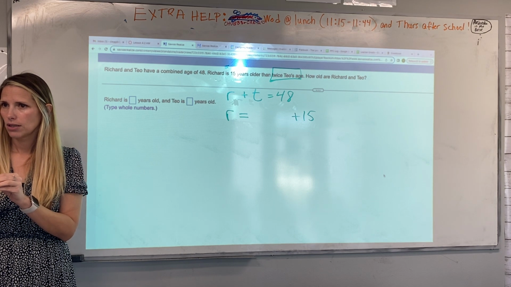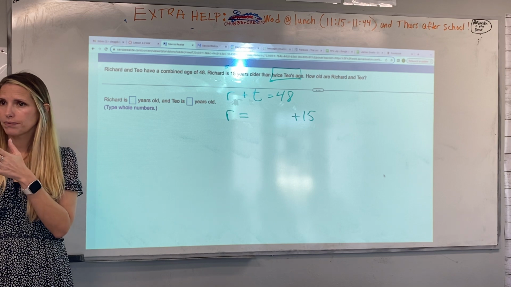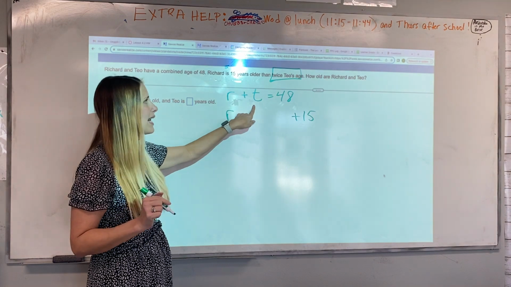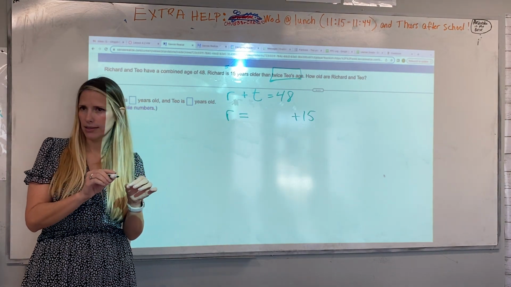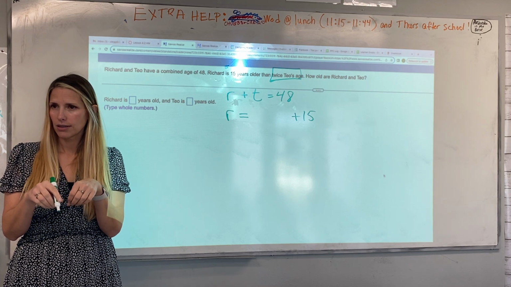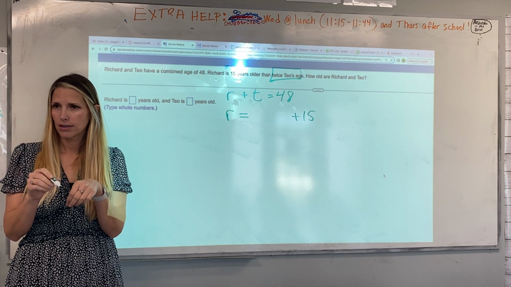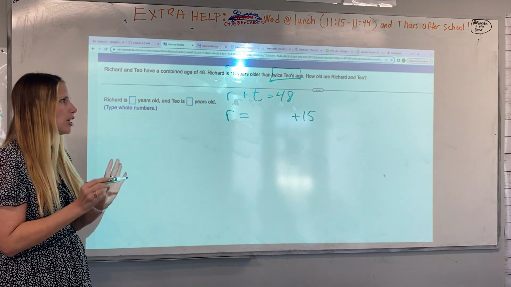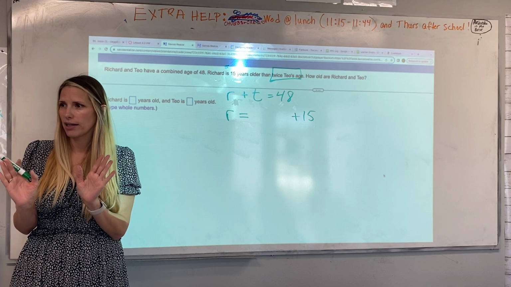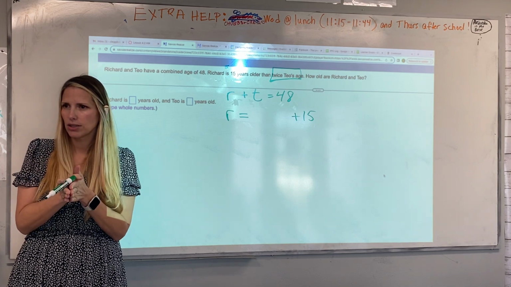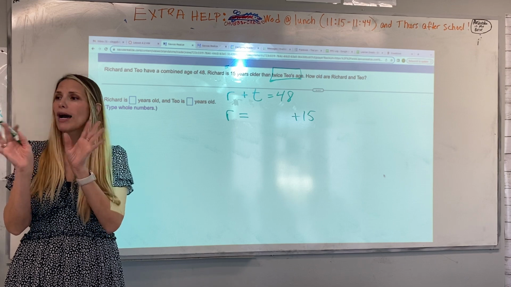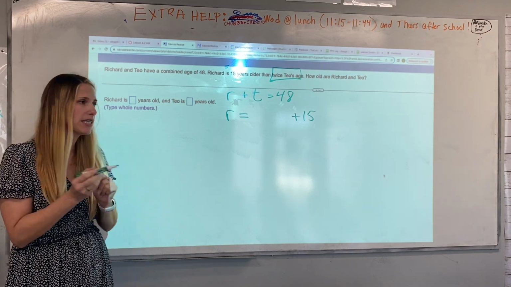How do we write the term twice Teo's age? Remember that Teo we're representing with T, and I need twice T. I just want an expression to represent twice Teo's age. No x and y. We're going to use the variable t.